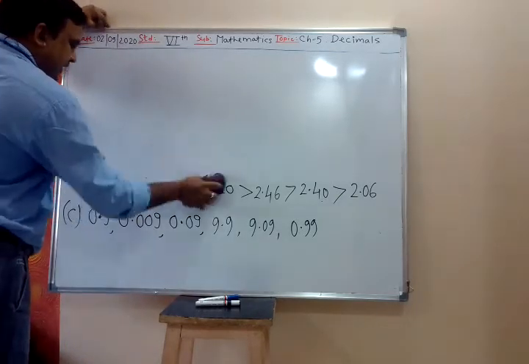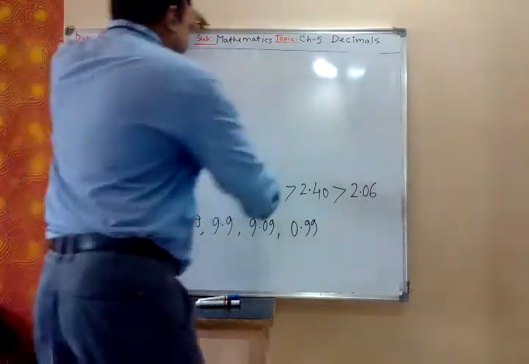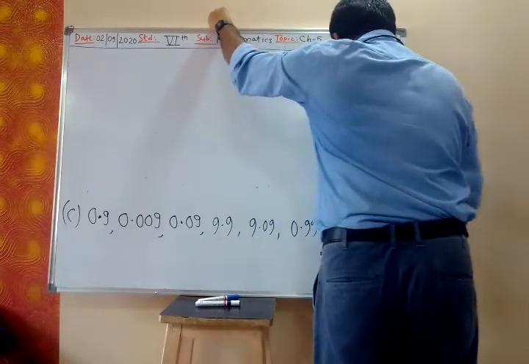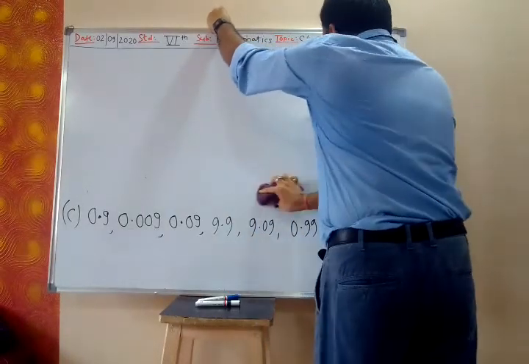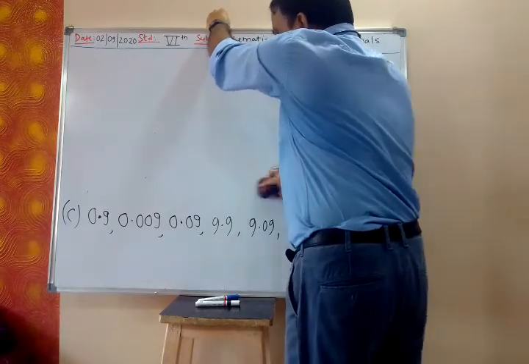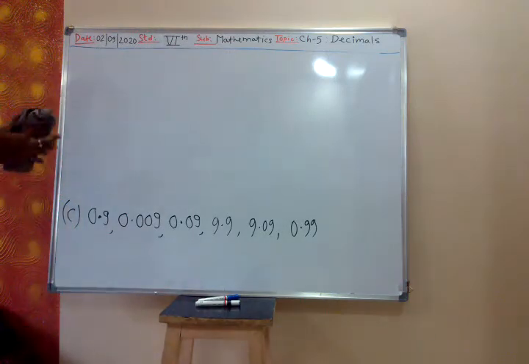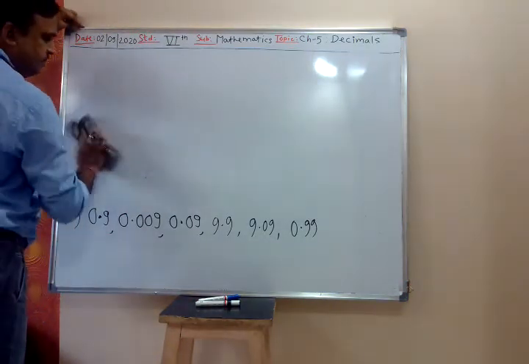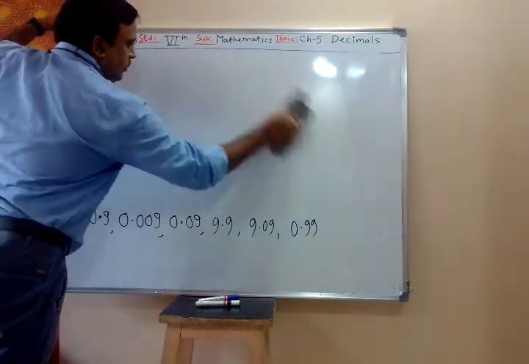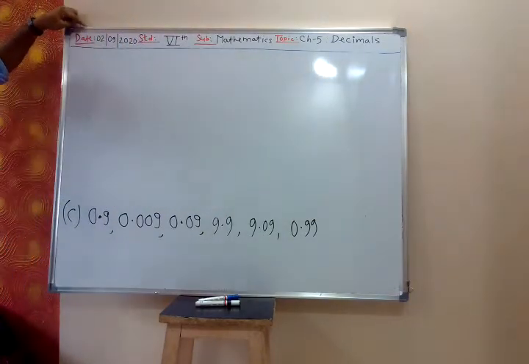So now convert them into like decimals. Like decimals means after the point they should have the same number of digits.